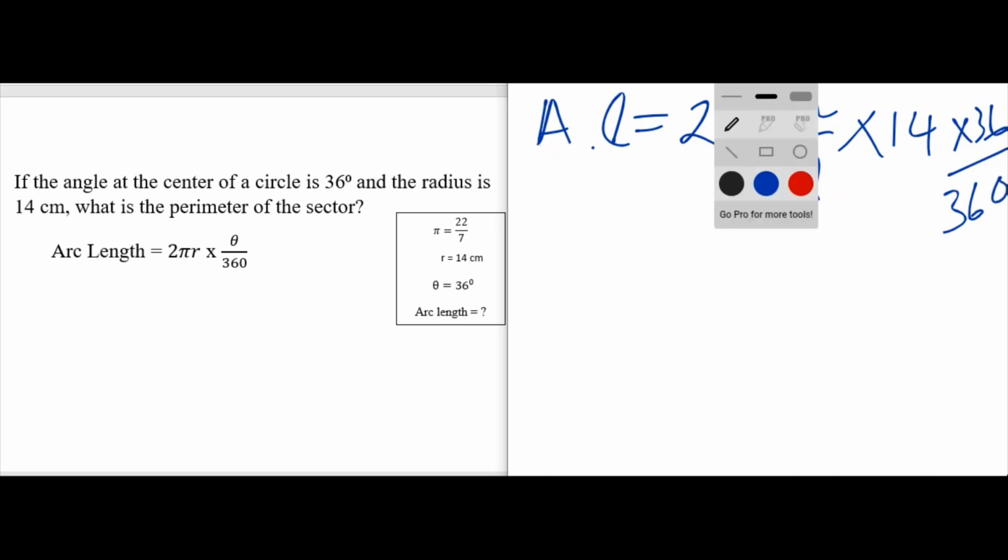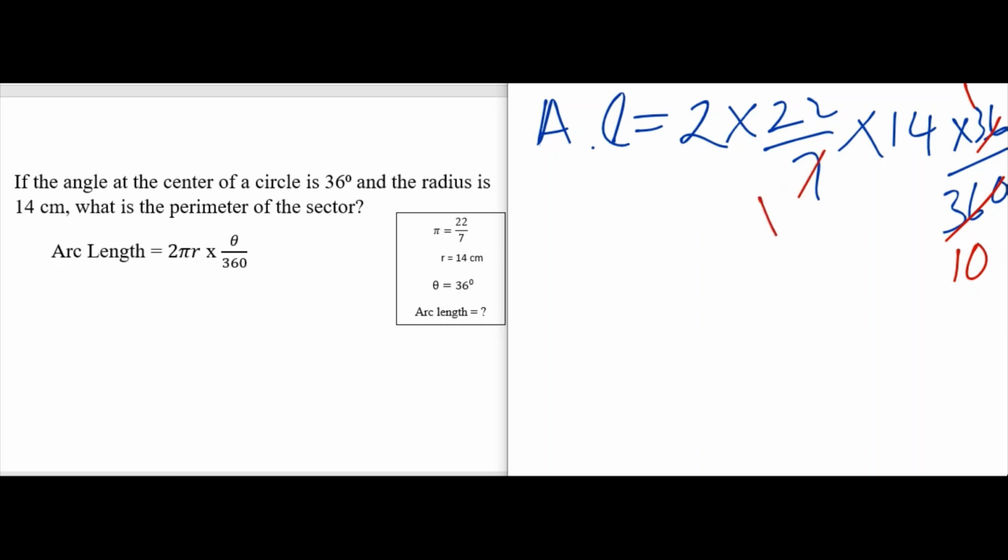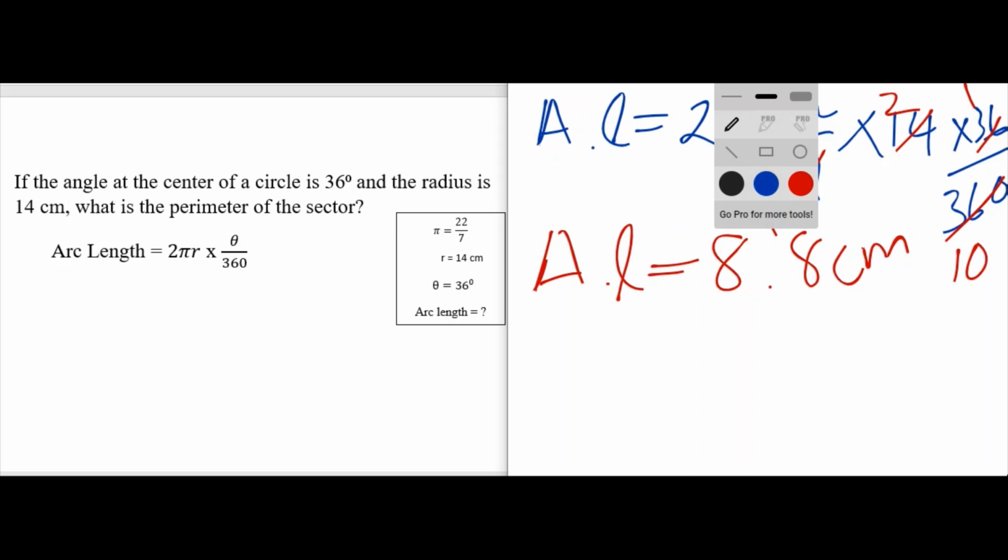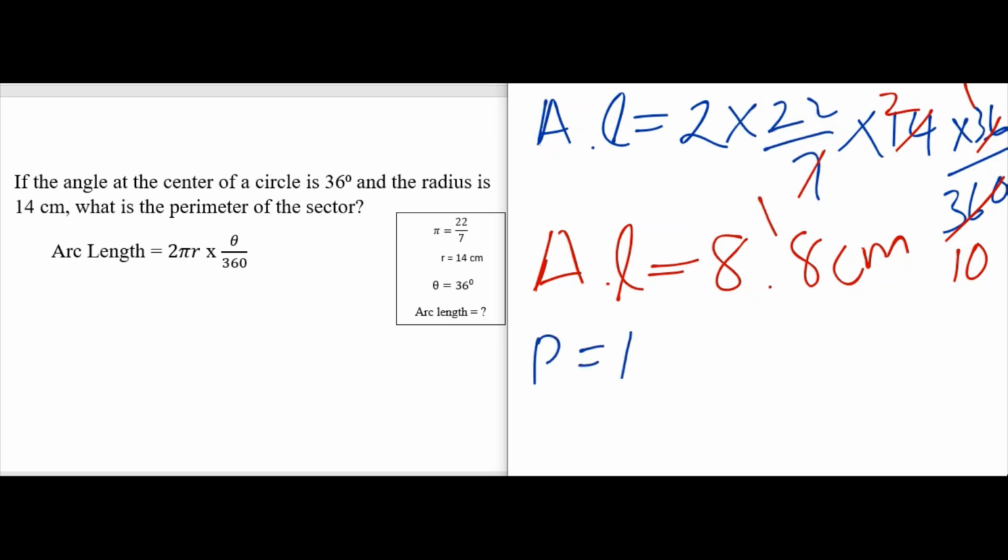I extracted this question from one of the previous questions I did, so I'm not going to explain much on the calculation part. However, I found the arc length is equal to 2 into 22, 44, 44 into 2, 88, 88 divided by 10, 8.8 cm. Now I know the arc length, but that is not sufficient for you to find the perimeter.